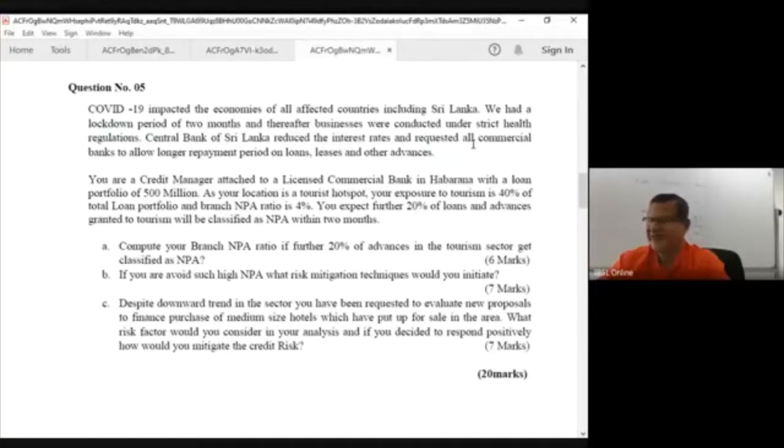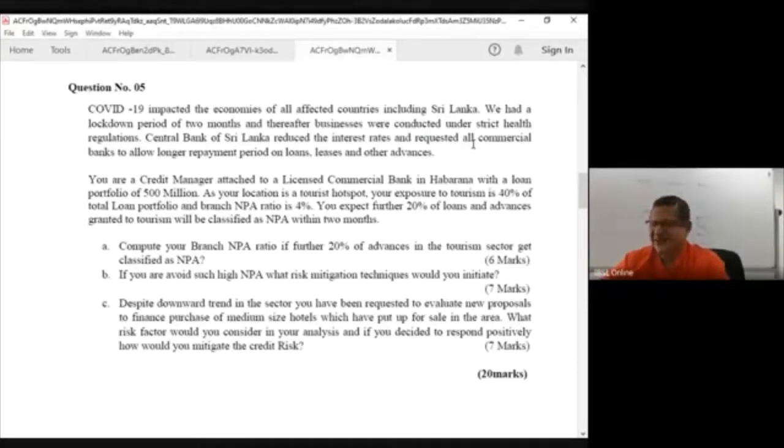So government initiatives, bank need to take into consideration and apply immediately for those relief granted for affected customers. And those who are unable to do it, you need to initiate recovery.